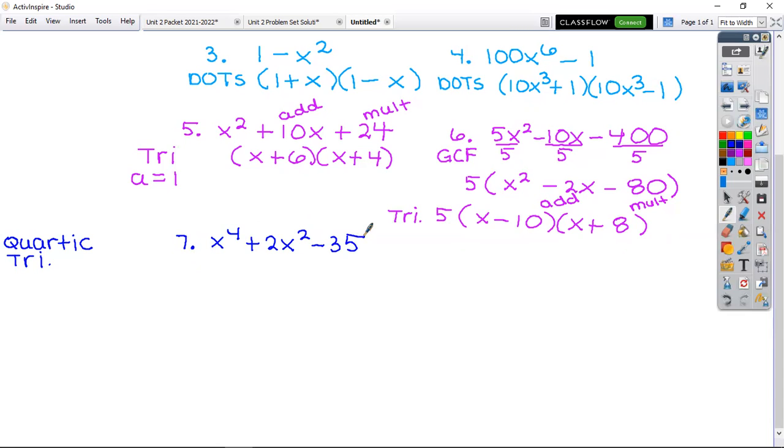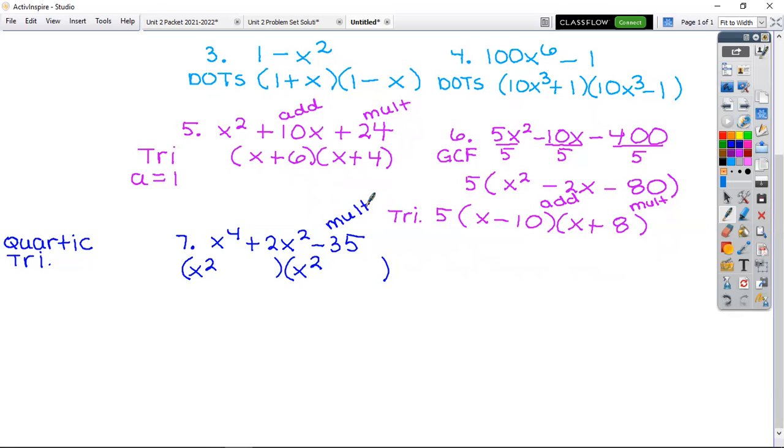This is the same process as what we did up for 5 and 6. It just looks more challenging. So how do I split x to the 4th? What do we do? X squared, perfect. Again, don't overcomplicate it because it looks different. And now all I'm going to do is find 2 numbers that multiply to be negative 35.